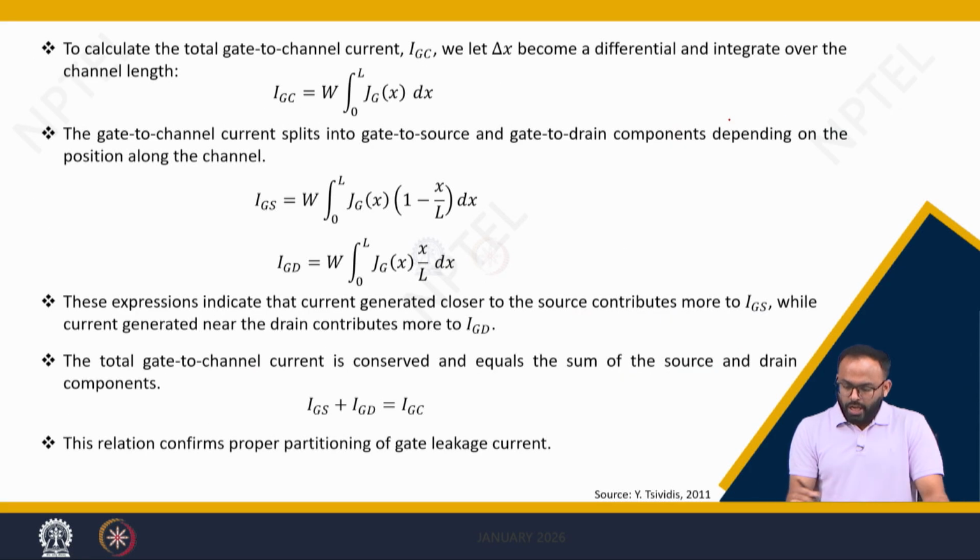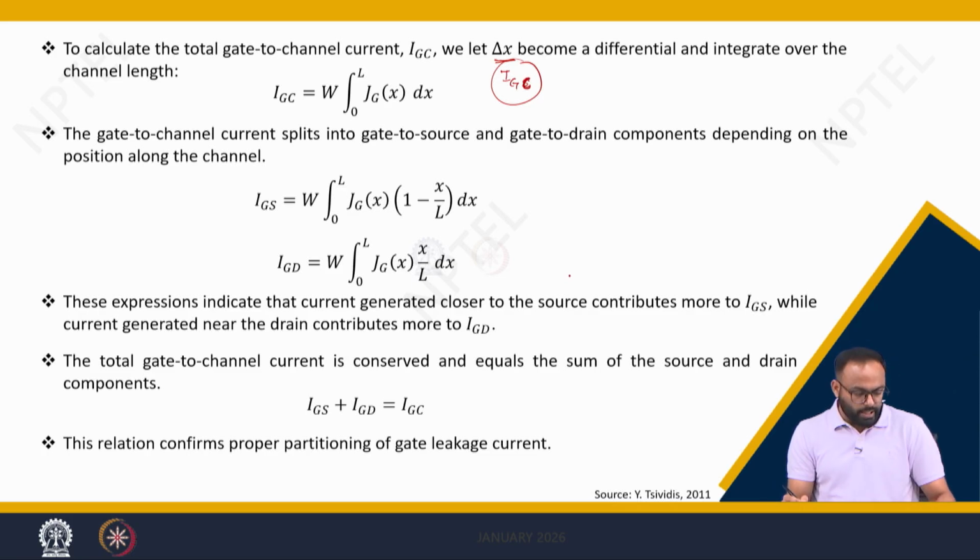Now, if we consider the total gate current IGC, we can simply calculate it by multiplying by the area. Let us consider delta x as a small differential length over which we are calculating the current. If you integrate from 0 to L, it will give you IGC, the current between gate and channel.